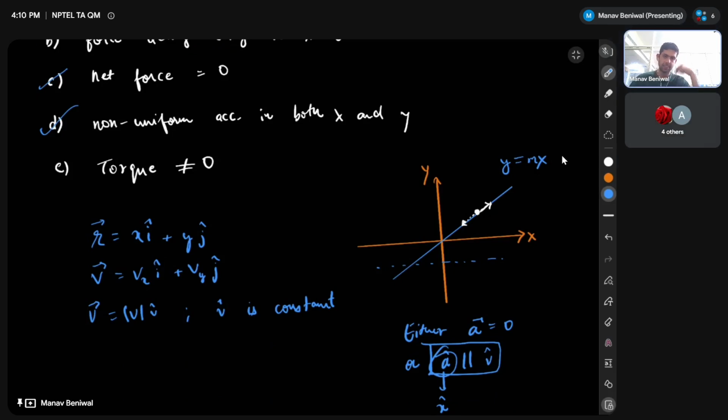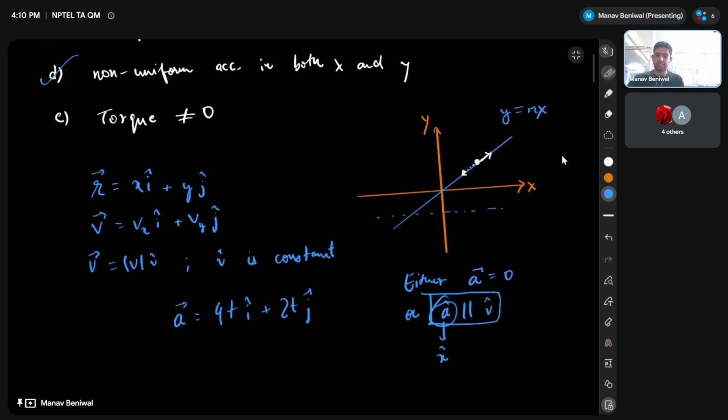Let's say I write a as 4t i cap plus 2t j cap. When I take their ratio, the t and t will cancel out. So if they have the same time dependence, linear in t or quadratic in t or whatever, my a cap will be fixed, and I can set it parallel to v, and that is possible.